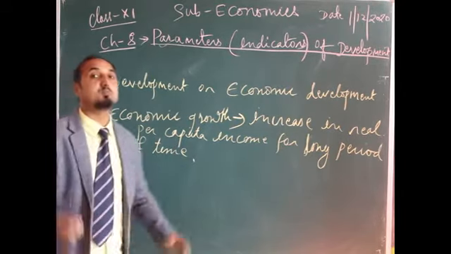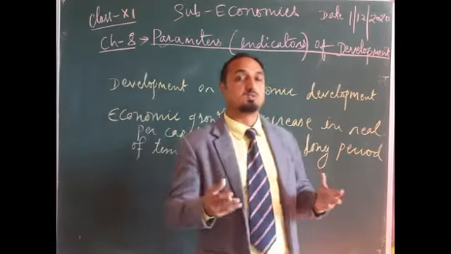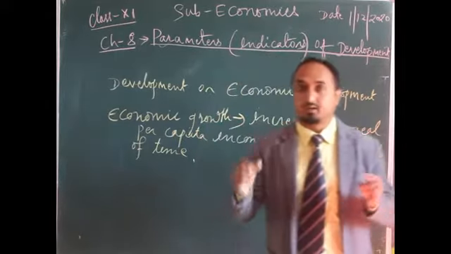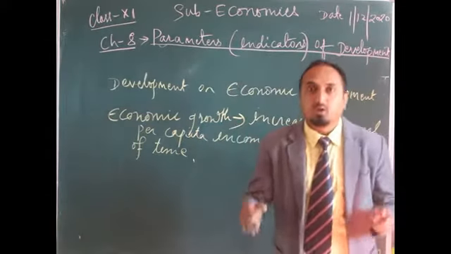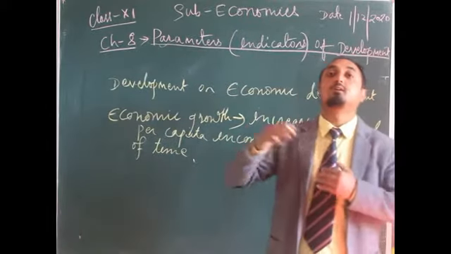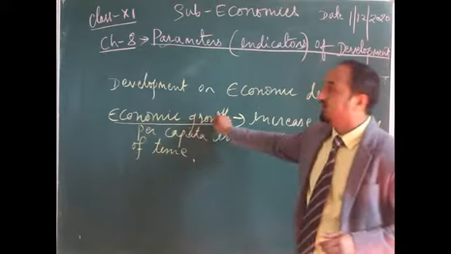So that's called economic growth. Economic growth refers to the real increase in per capita income for a long period of time. When the income of a country, the national income, GDP, GNP increases for a long period of time, then we can consider this as economic growth.